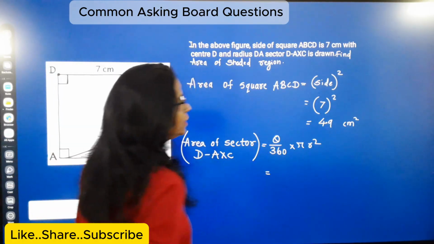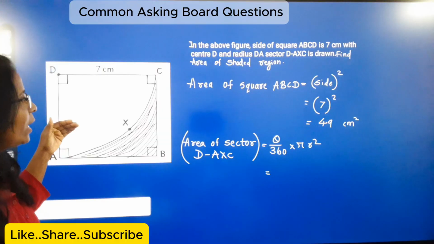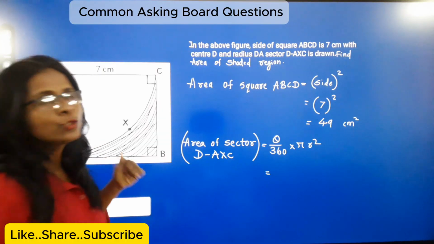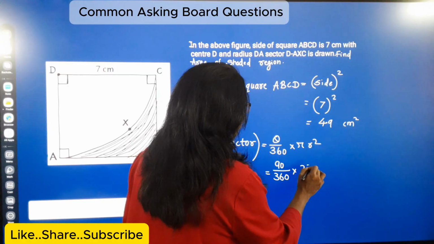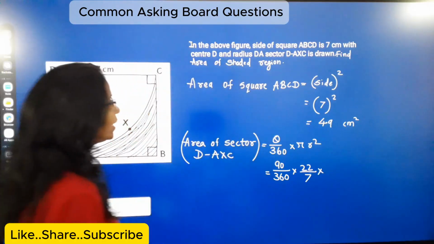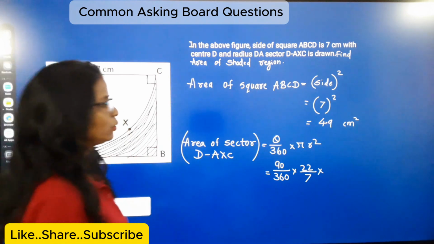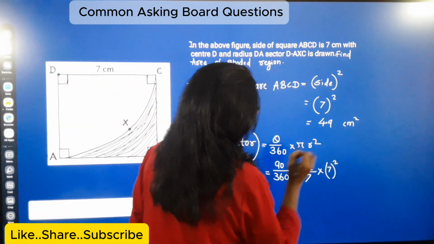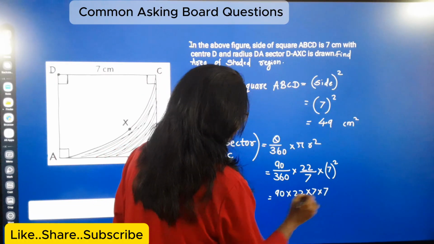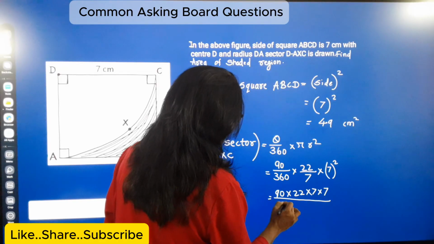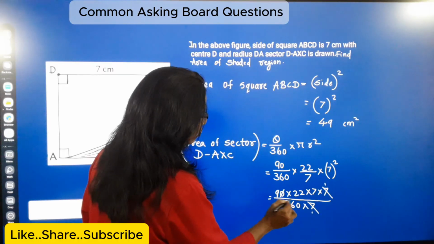And then theta, what is the theta? Here, students, this is the square and the sector is inscribed in the square. So each angle of the square is 90 degree. So theta is equal to 90 divided by 360, multiply pi, take as 22 upon 7, and the radius is nothing but the side of the square, that is 7. So square of 7. Now 90 multiply 22 multiply 7, divided by 360 multiply 7. 7 gets cancelled, and 0 gets cancelled.